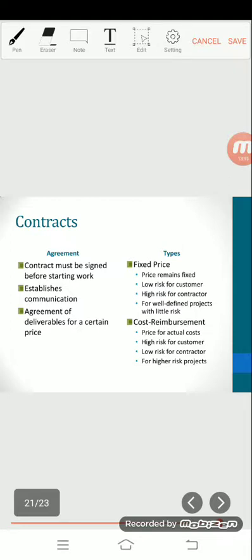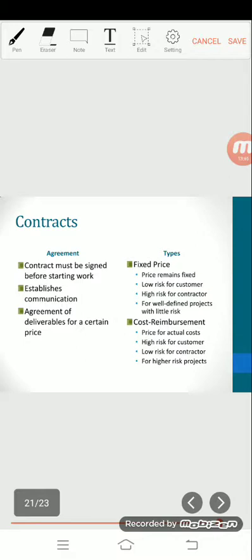In a cost reimbursement contract, the customer agrees to pay the contractor for all actual costs, including labor, material, and so forth, regardless of amount, plus some agreed upon profit. This type of contract is high risk for the customer, since contractor costs can overrun the proposed price.